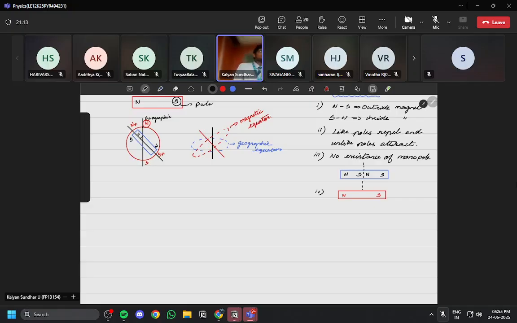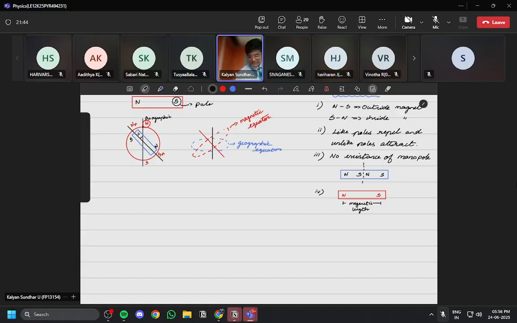Right. The distance between the two poles is what we call the magnetic length. It doesn't mean that from north to south, the poles will always be somewhat inside the bar magnet.